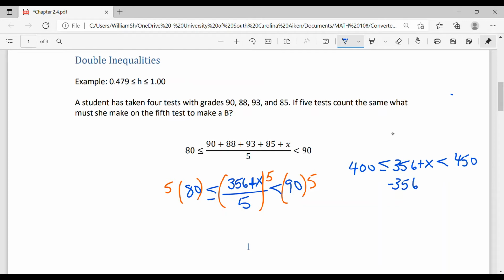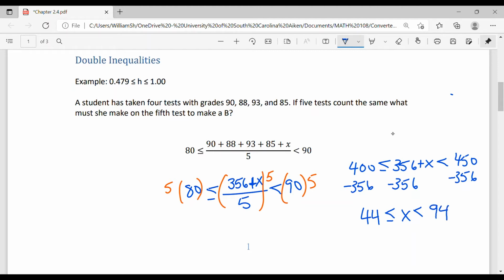But not only do we have to subtract from the middle, we have to subtract from the right hand side and the left hand side. What you do to one, you have to do to all 3. Now 400 minus 356 gives us a 44. This one canceled out, so we're just left with an x. And 450 minus 356 gives us a 94.